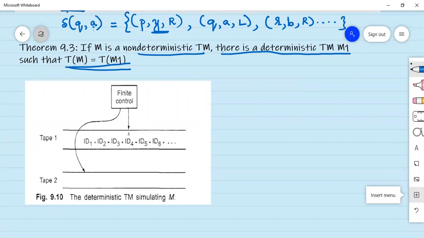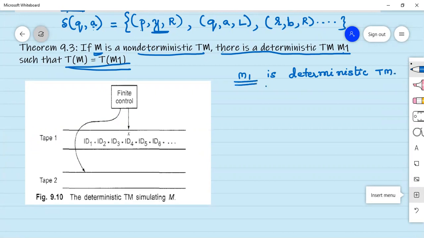That's what we are trying to say. Now here, we can construct M1. Remember, M1 is a deterministic Turing machine, and M is a non-deterministic Turing machine.